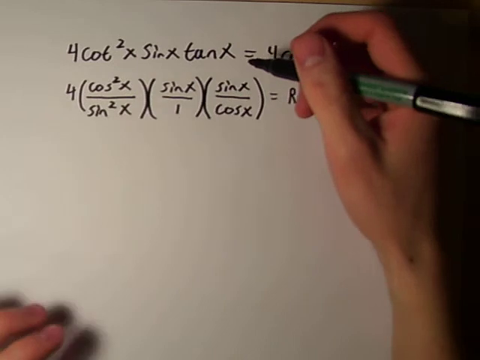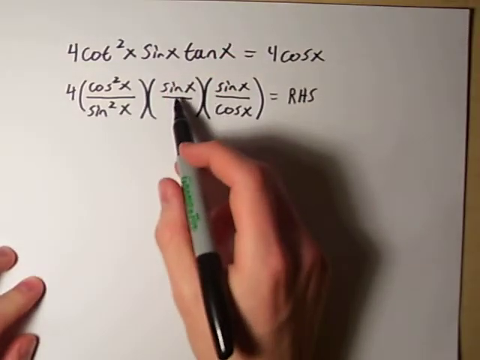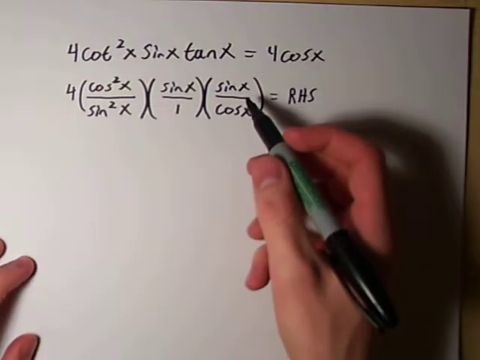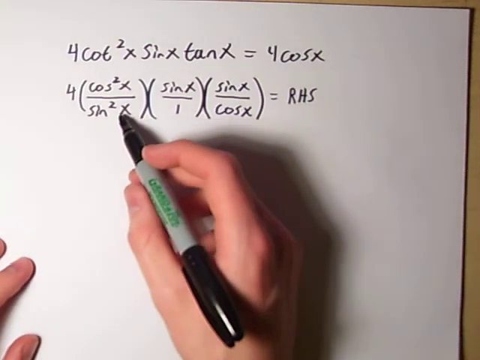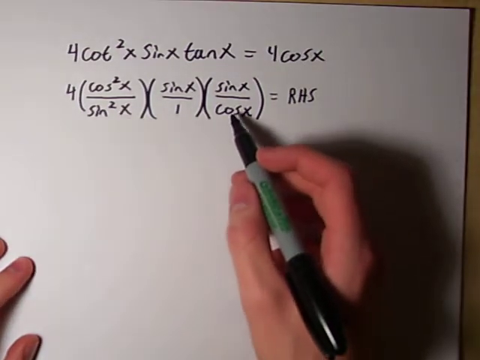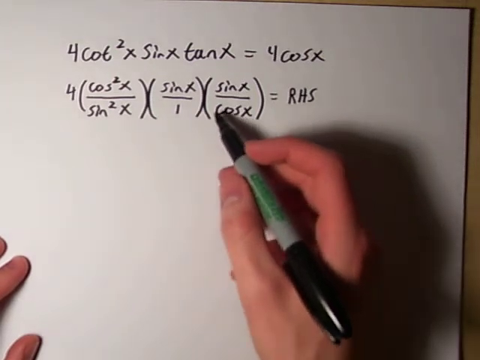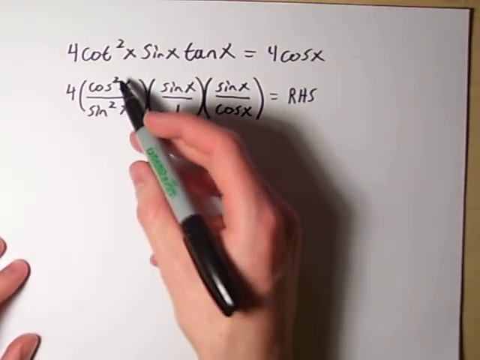Alright, so right away we're going to see that the 2 sines in our numerator are going to get multiplied together and create a sine squared x, which is going to cancel out the sine squared x on the bottom. And we have a cosine x on the bottom, which is going to cancel out one of the cosine x's on the top.